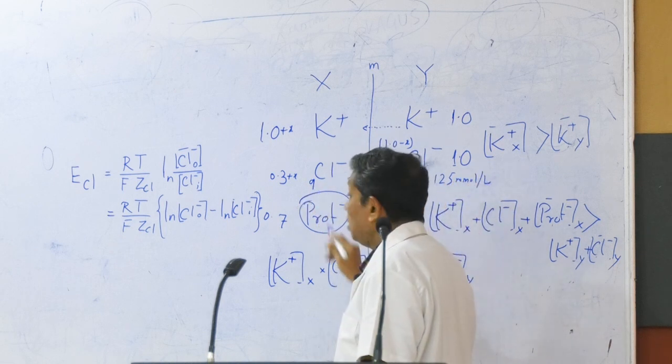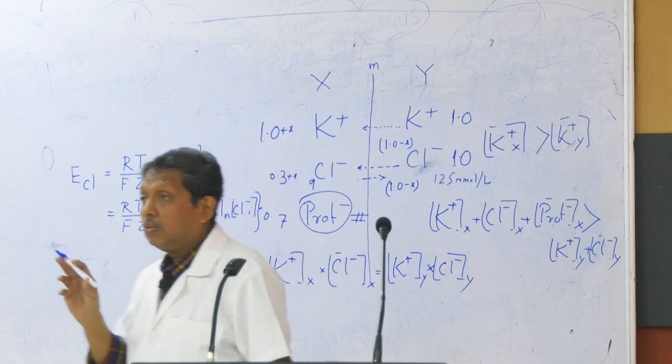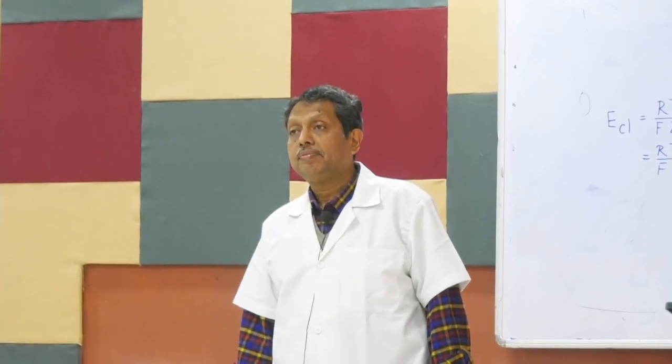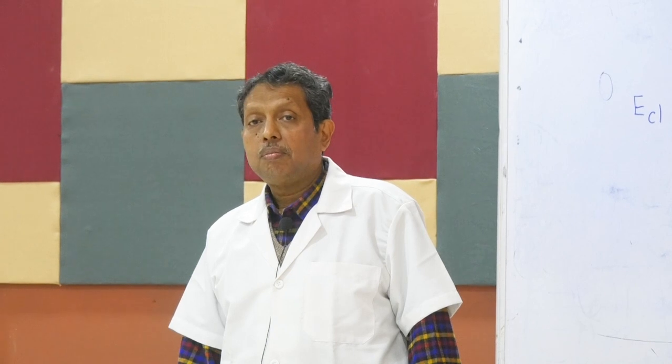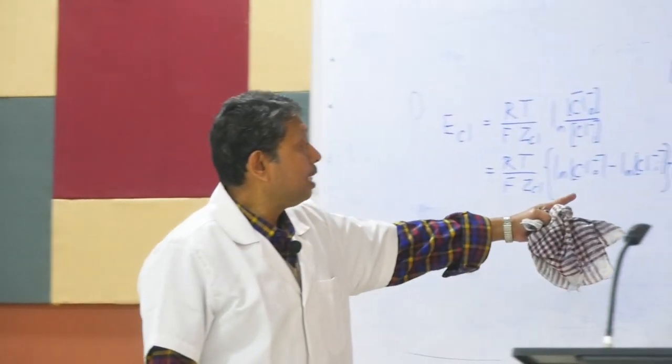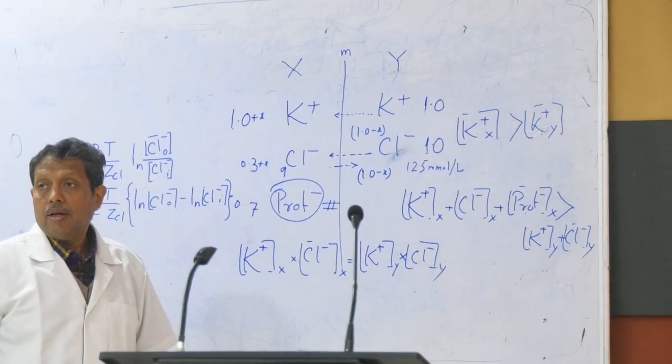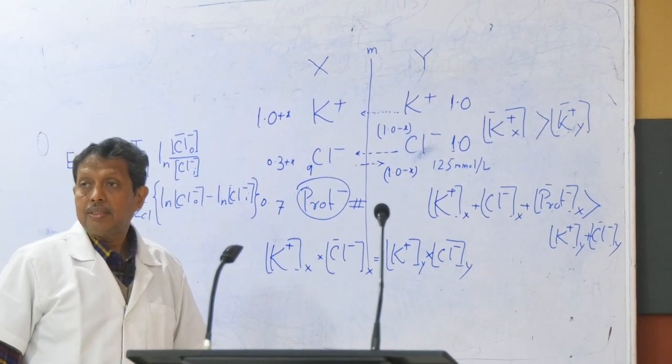So it has a tendency to move by the process of diffusion following the concentration gradient. But it is repulsed from inside to this, and there is the electrical gradient.